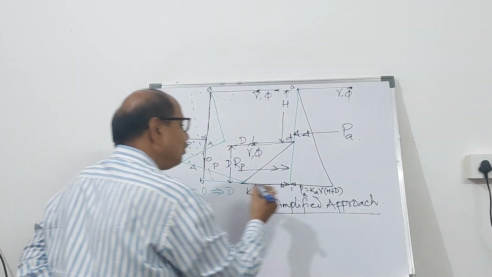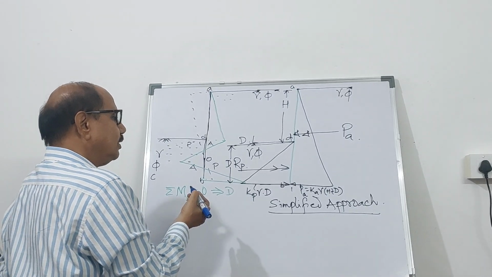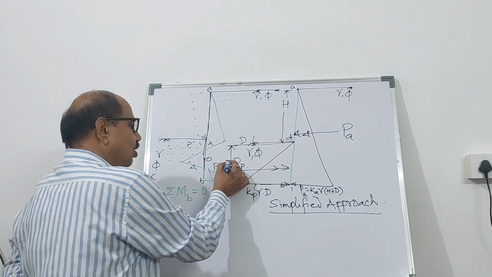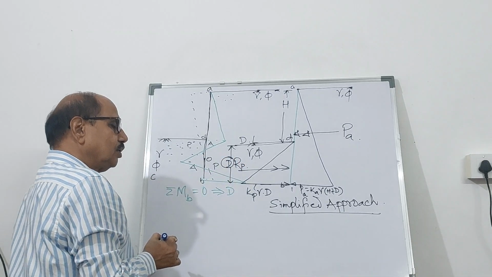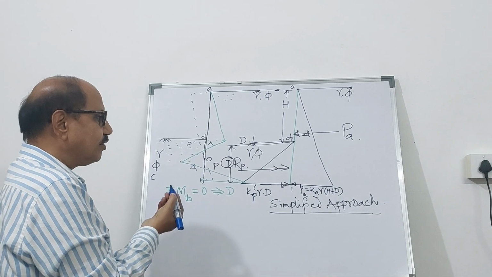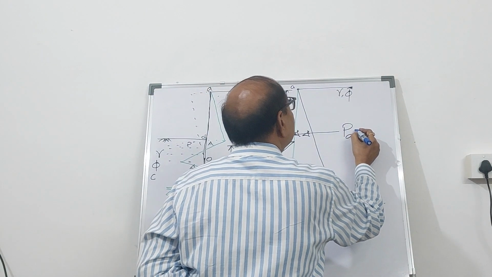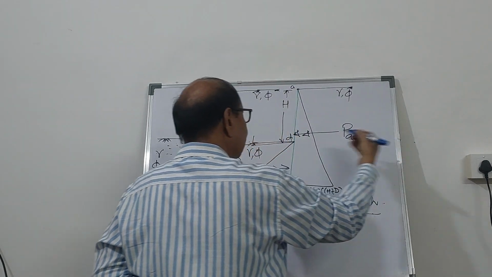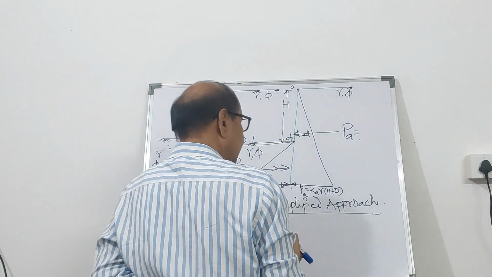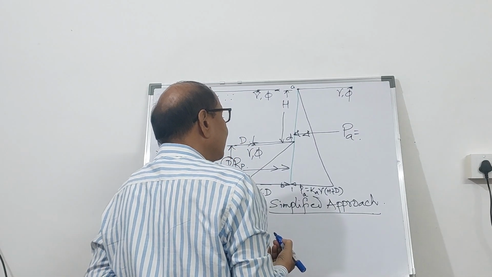So, from the simplified approach, very quickly you can find out the depth of embedment. So, approximate value of depth of embedment can be found out. And this capital PA, that is the thrust, active thrust on the sheet pile, will be how much?